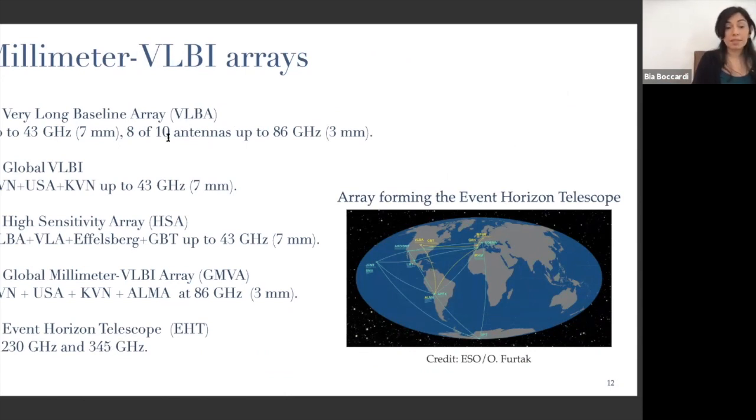From the Very Long Baseline Array, we have global VLBI arrays where we have stations across many different continents. We have the High Sensitivity Array where we put together the most sensitive telescopes to reach really high dynamic range images. We have the Global Millimeter VLBI Array, which observes up to 3 millimeters and also includes the ALMA telescope.